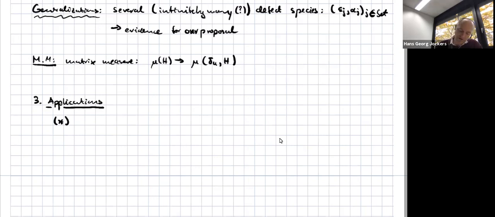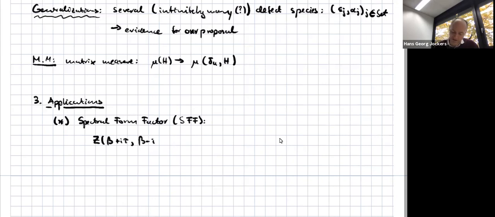So there are these spectral form factors in the context of this holographic duality, which contain a lot of physics. They arise from an analytic continuation of a correlation or a partition function with two boundaries, where you introduce the following analytic continuation.